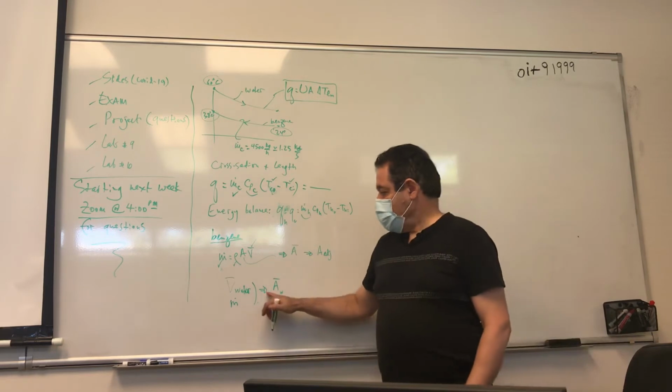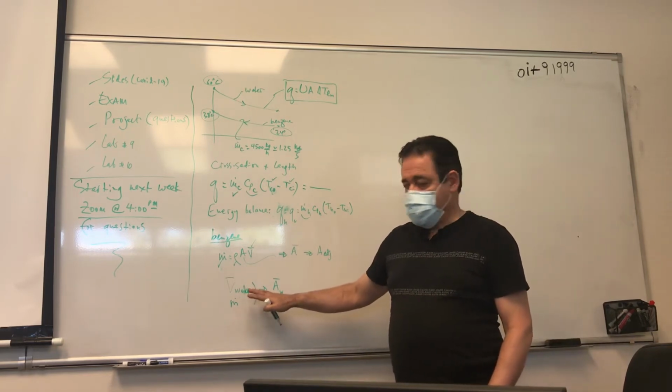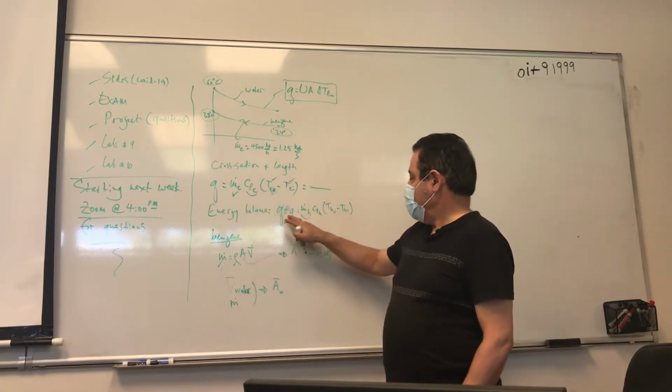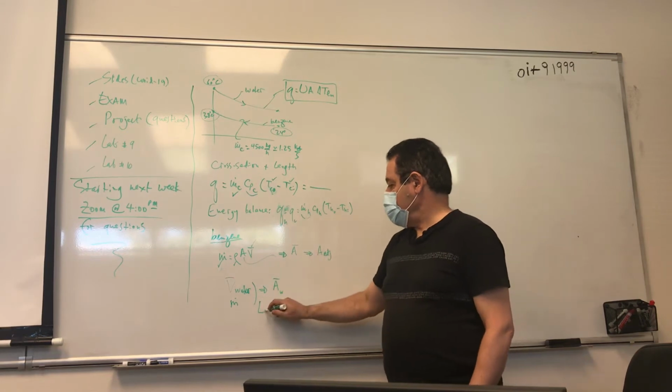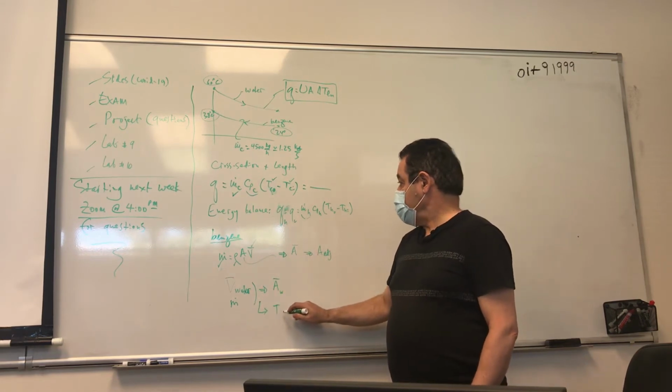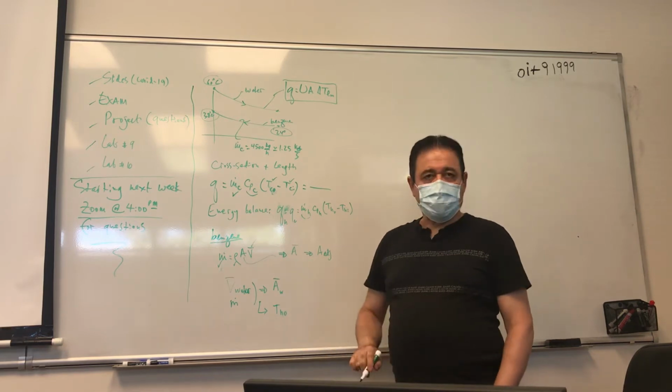And once all these kind of square away, then you can use this mass flow rate in this equation to maybe find the temperature of the hot water out.